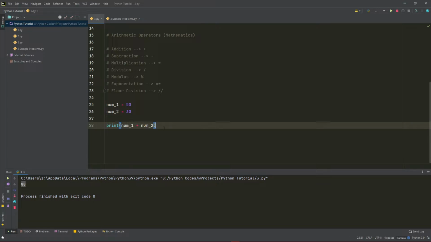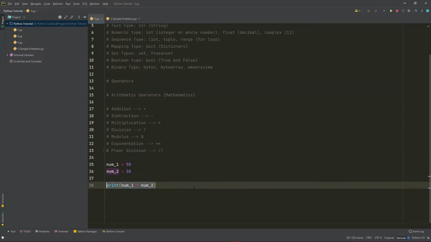Now, if you don't want to do this, as you can see, it looks terrible because it is already inside the print function. Now, you want to basically create another variable for the process. So, for example, adding is equal to, this is the new variable, and we want to add num1 plus num2 in that variable.